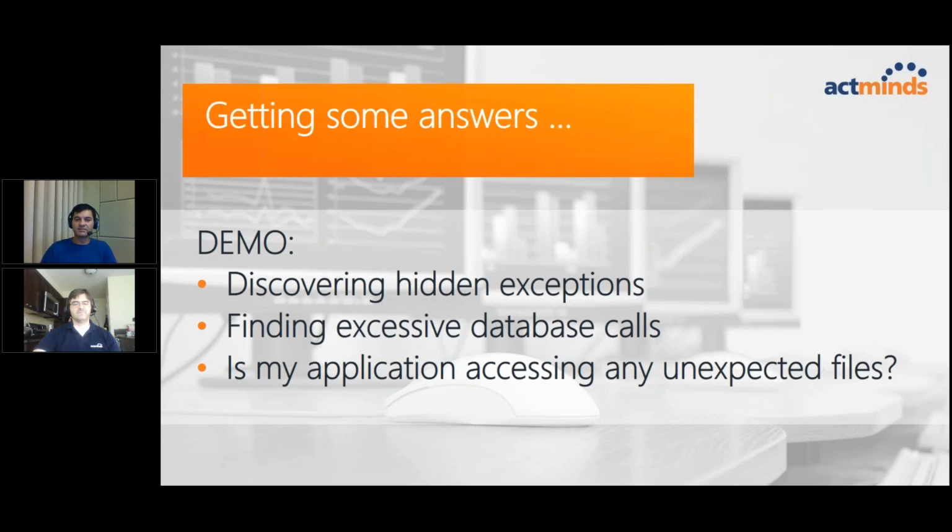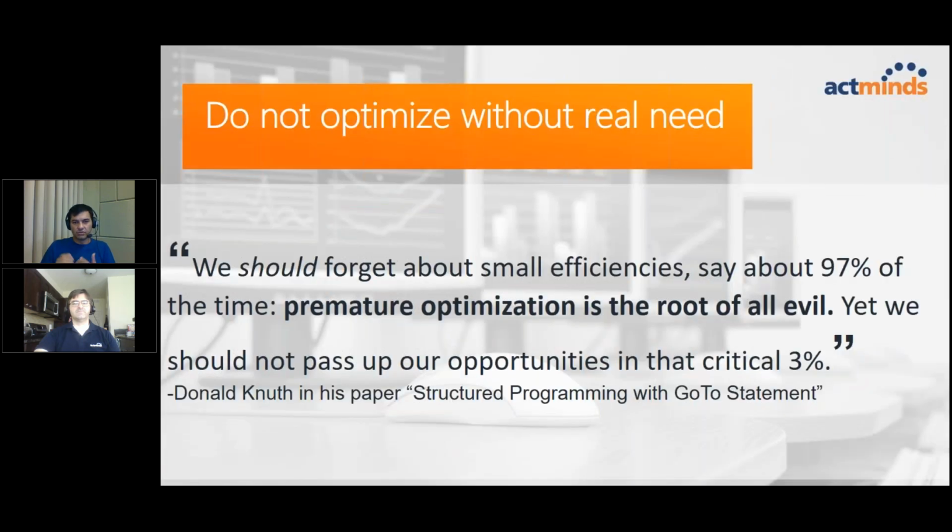Then we talked about some of the common issues we might find in our application, like locking, excessive database calls, excessive logging, memory leaks, and things like that. We talked about some questions that one can ask to start thinking about how to face that situation, how to fix that. And then we had some demos showing some tooling we can use with Visual Studio to work on that.